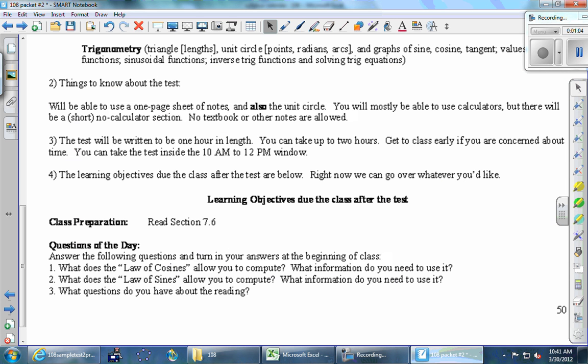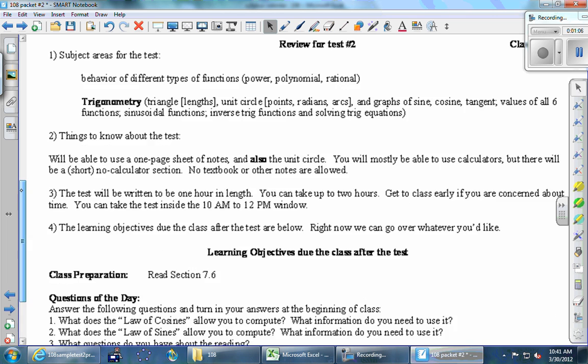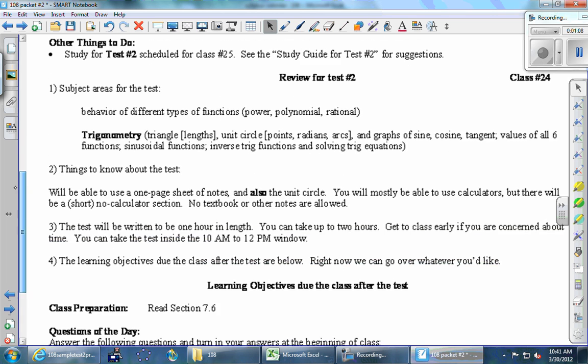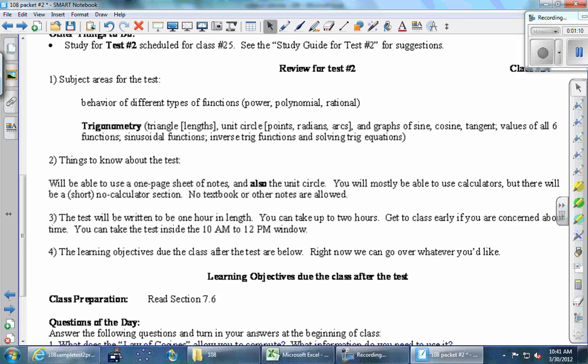So on page 50, we'll go ahead and just list some of the subject areas here in the middle. Can we start with Emily, number 1 in the middle? On page 50.